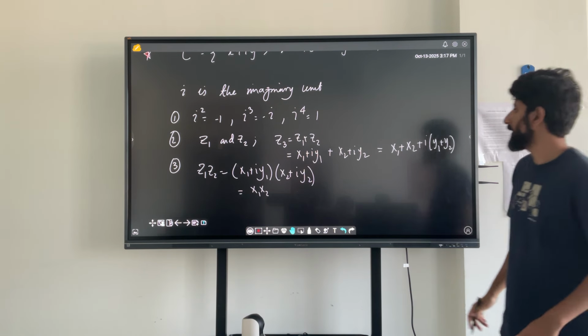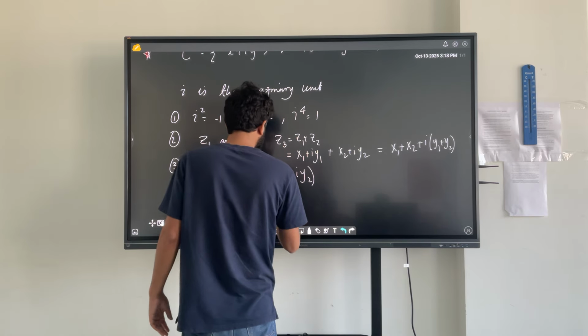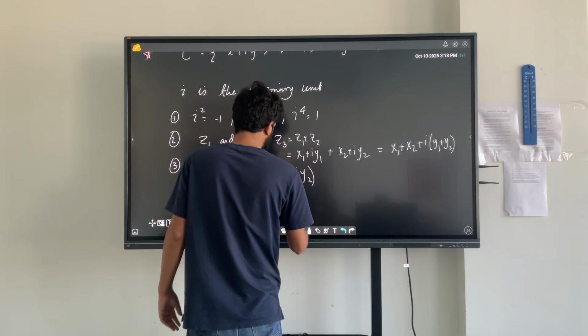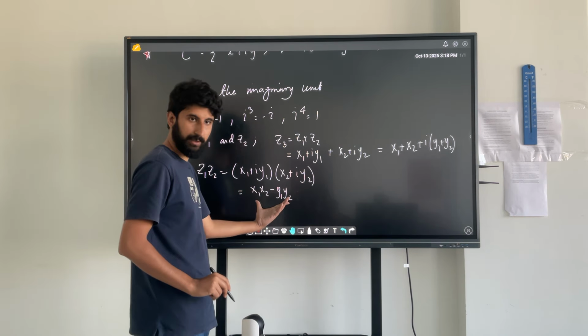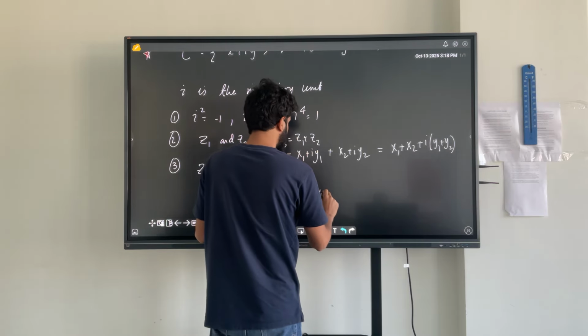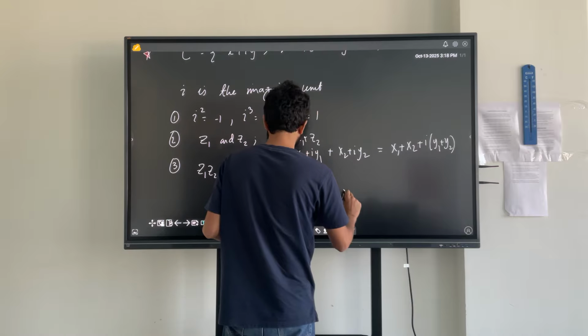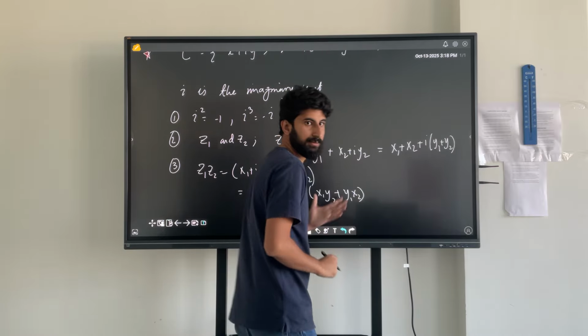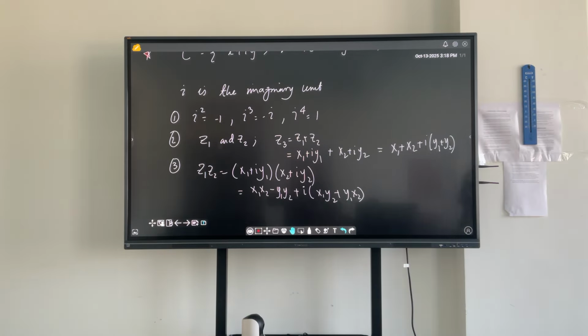So minus y1 y2. These are the numbers without iota. Plus, when I do with iota numbers, I get iota times x1 y2 plus y1 x2. These are the usual things that you learn.